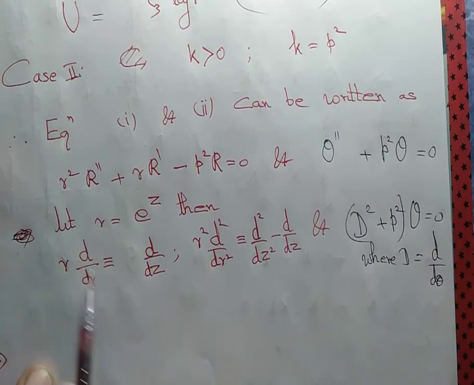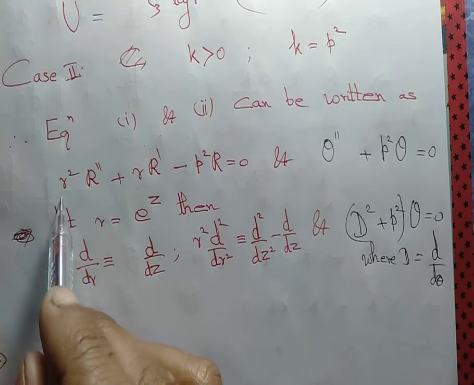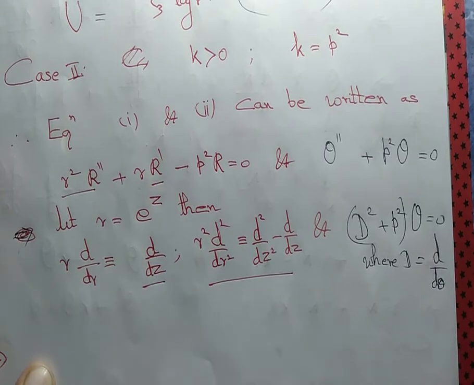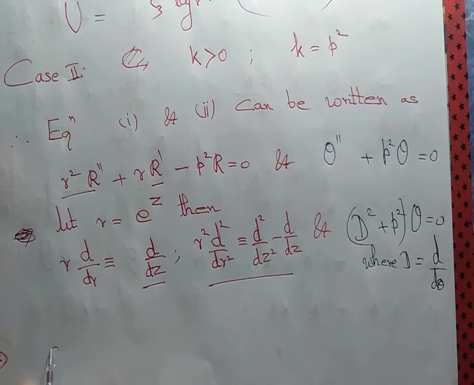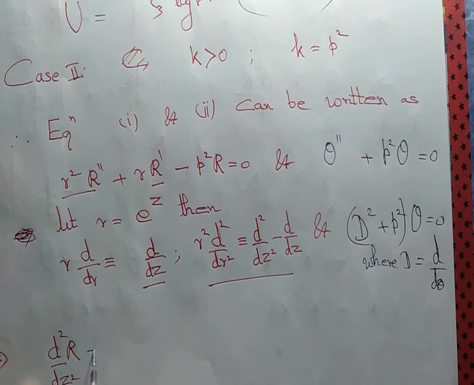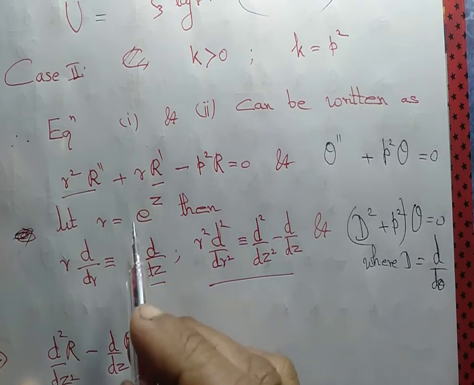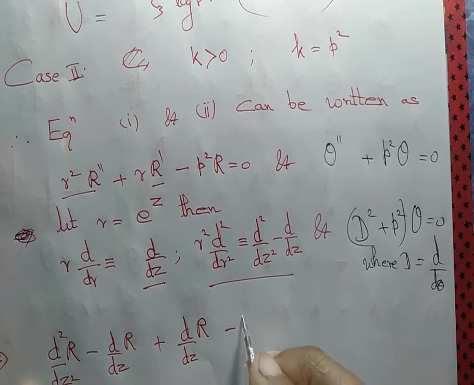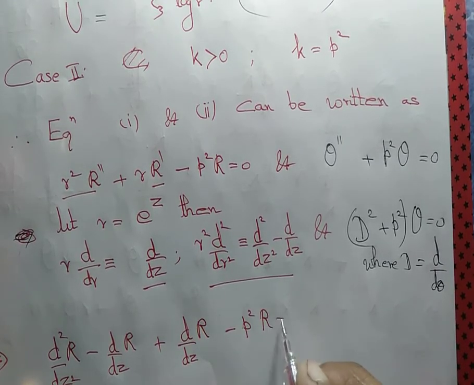Okay, so this one we have it here, this one we have it here. So d2 by dz square of r minus d by dz of r plus d by dz, oh lucky guy, minus p square r equal to 0.